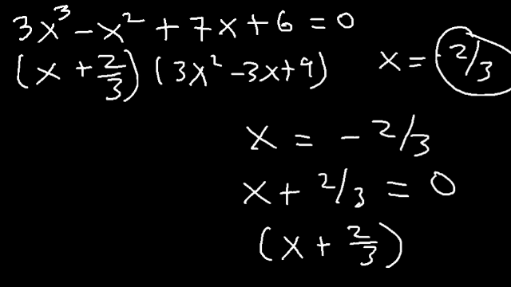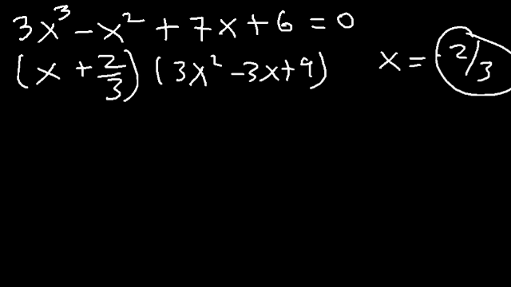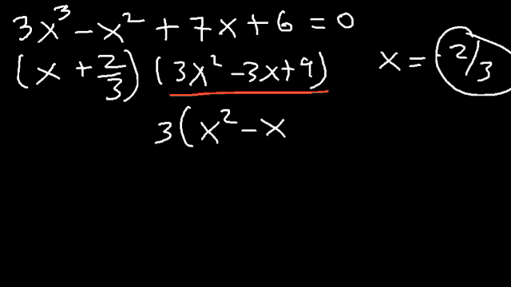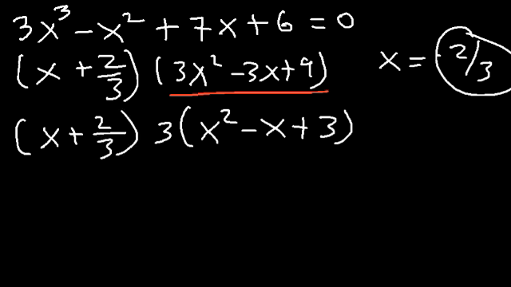But notice what's about to happen. Notice that we can take out a 3 from this expression. So it's going to be 3 times 3x squared divided by 3 is x squared. -3x divided by 3 is -x. 9 divided by 3 is +3. And notice that we can take this 3 and distribute it to x plus 2/3. So we can get rid of this fraction.